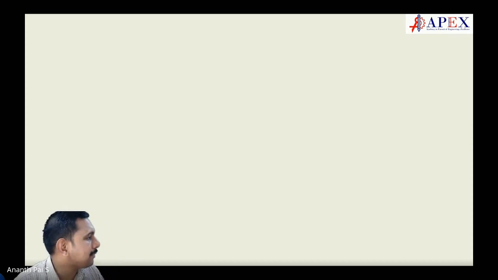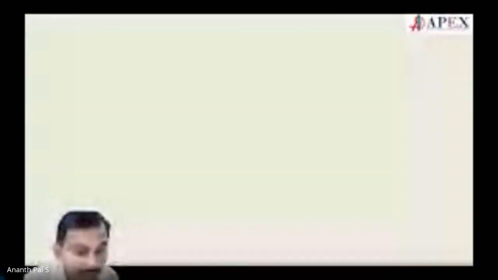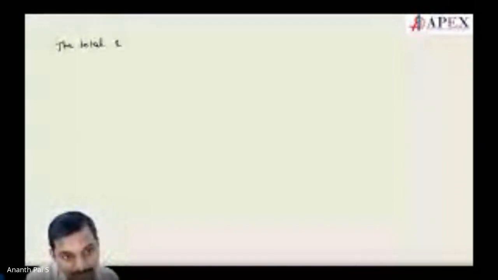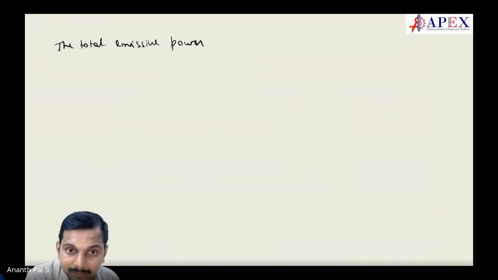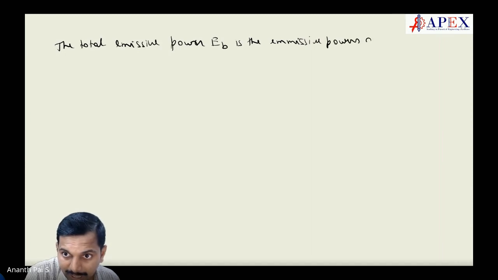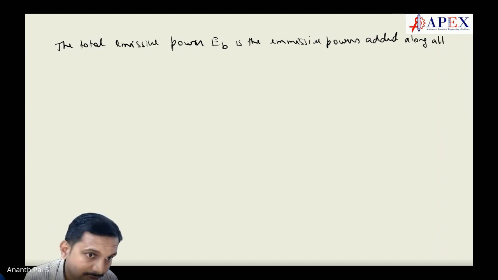So now, next, let us understand. When you consider black body radiation, the total black body emissive power, EB, is the emissive powers added along all wavelengths.